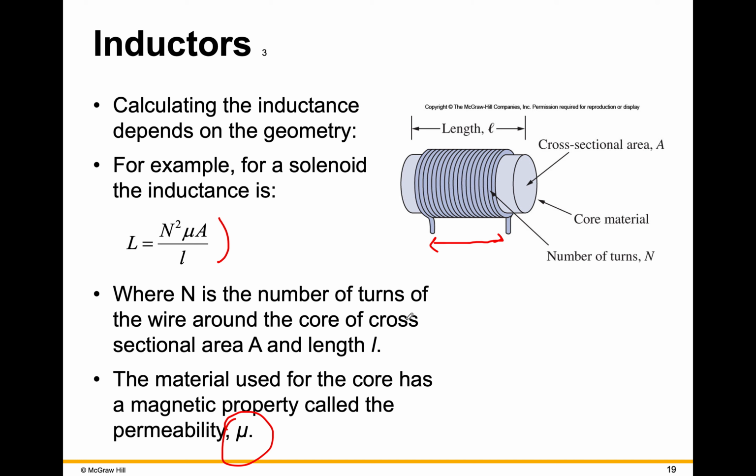Now, why would you want to use a core? Because even if this coil is very tightly wound and the wires literally lay right against each other, there's still a little place here in between the windings where a magnetic field can leak out.